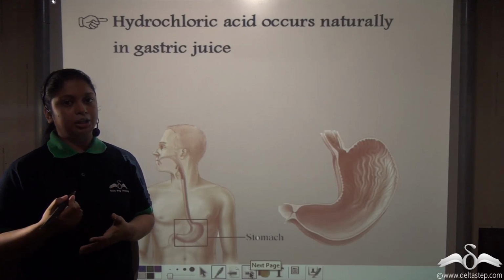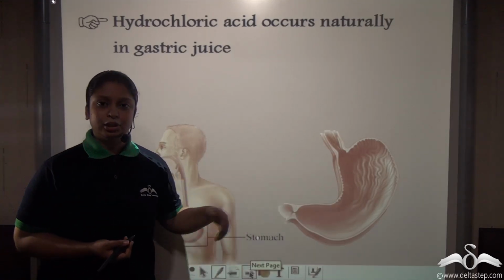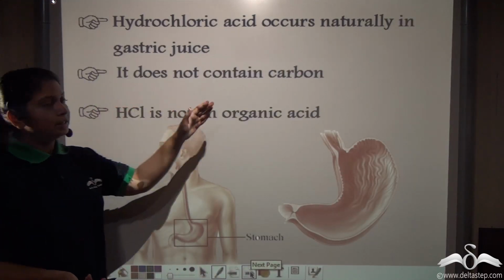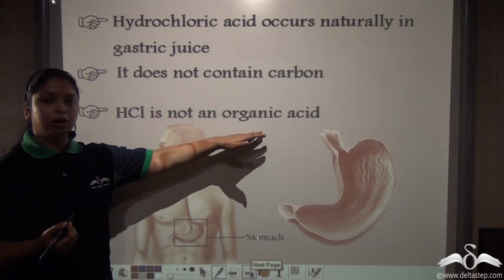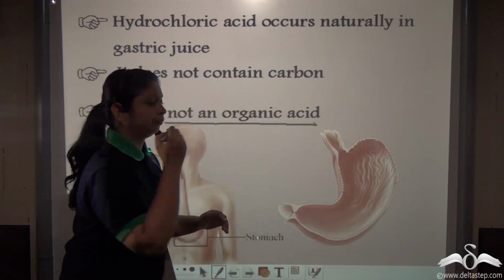Now HCl or hydrochloric acid is present in our stomach in the form of gastric juice. But HCl does not contain carbon. Therefore, it is defined as an inorganic acid, or it is not an organic acid.